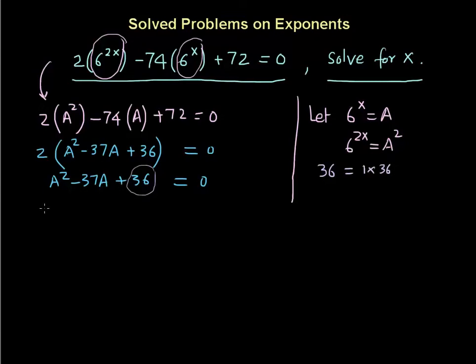So I can rewrite it simply as a square minus 36a minus 1a plus 36, that is equal to 0.